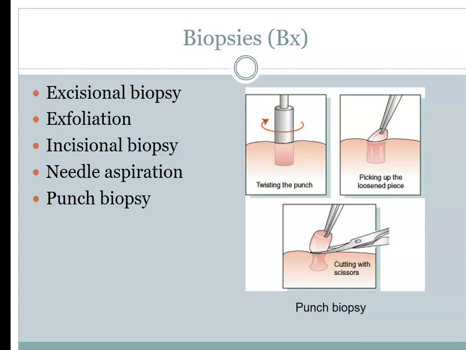An incisional biopsy is a cutting of a wedge of tissue from a lesion followed by suturing the site closed. A needle aspiration biopsy is an aspiration of fluid from lesions for culture and examination. And a punch biopsy is the insertion of a tubular punch through the skin to the subcutaneous tissue to extract a core of tissue for examination.